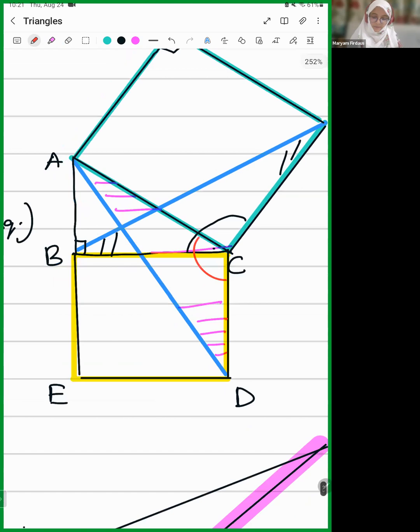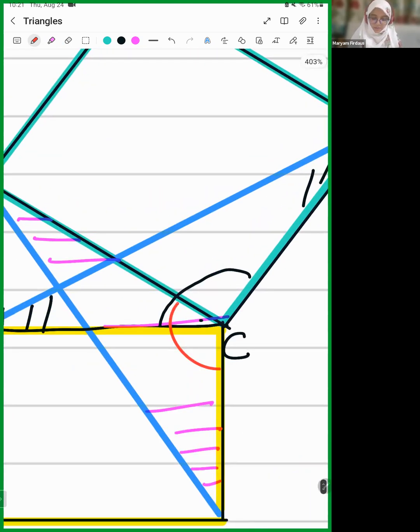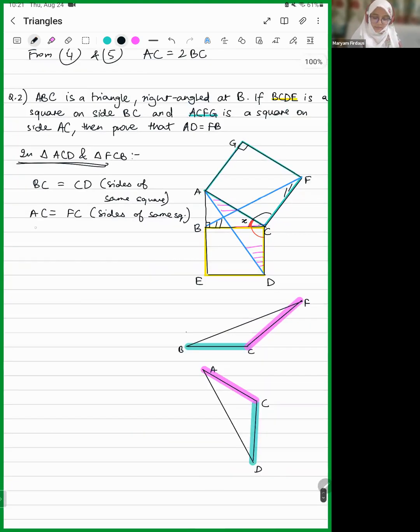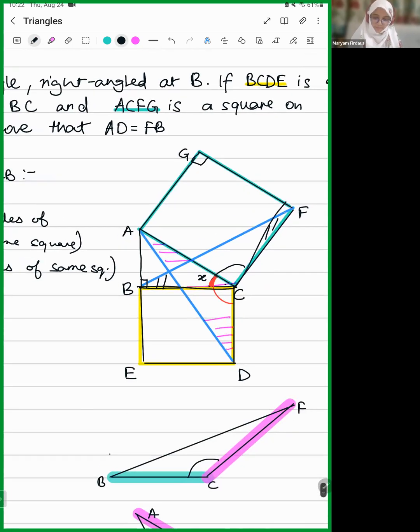Let's do one thing. Can you see this portion of the angles is equal? Let's call it angle X, for convenience. So look at angle BCF.